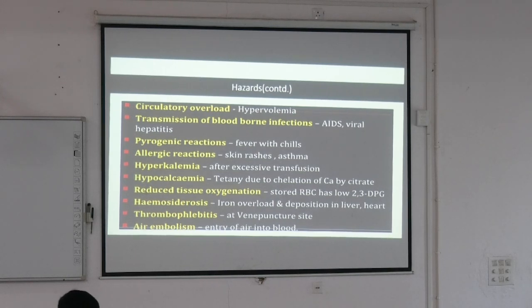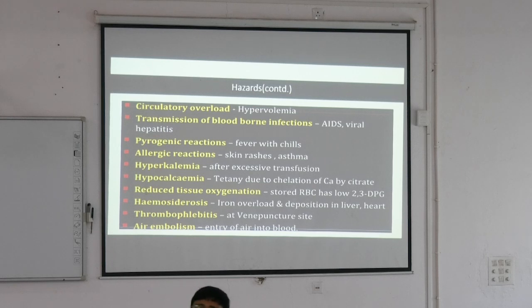Hyperkalemia after excess transfusion, as potassium comes out from blood to serum. Hypocalcemia, reduced tissue oxygenation, hemosiderosis. Hemosiderosis is very important, as you can get many patients in the thalassemia unit. In beta thalassemia major, the patient will have a history of repeated blood transfusion, maybe more than 6 times in a year.